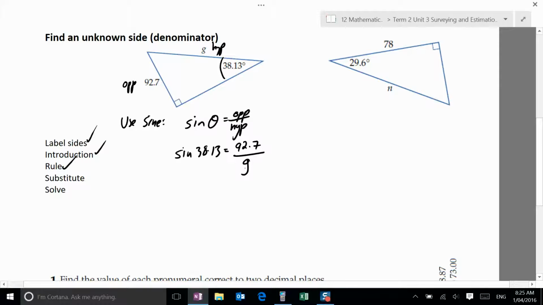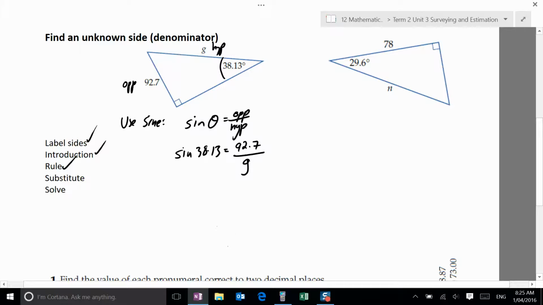The unknown is on the bottom. Some people say, can I just multiply by 92.7? Yeah, sure you can. But this isn't going to cancel out, and even if it did cancel out, you'd be left with 1 on g, which is useless to you as well.